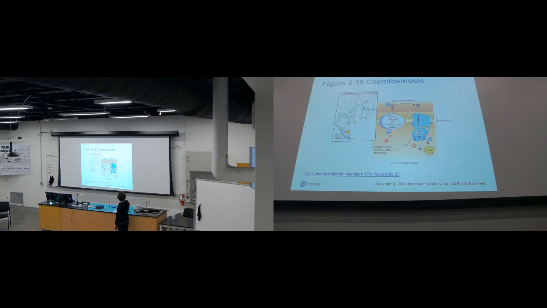If you have more here and less here, molecules move by diffusion from more to less. In this case, it's going to be passive transport, and it's going to be aided by this pump, the ATPase.